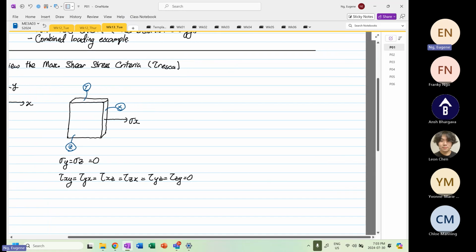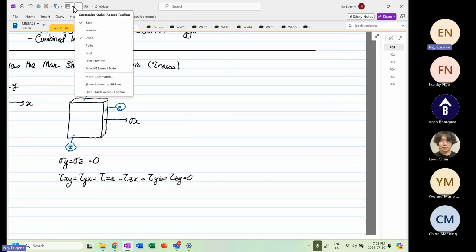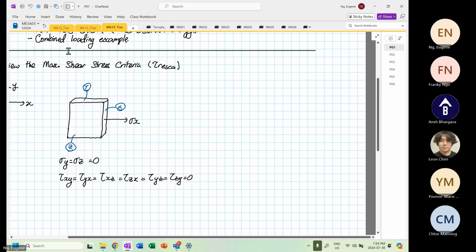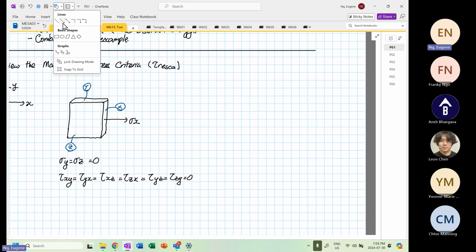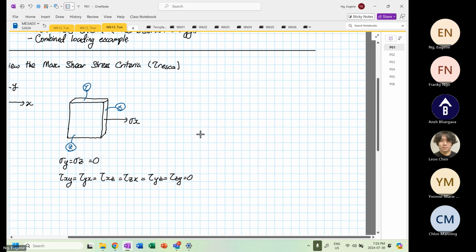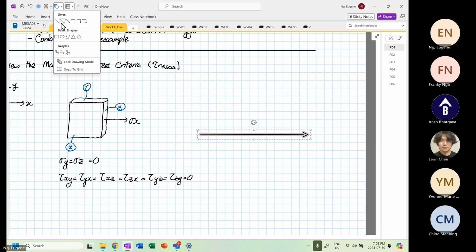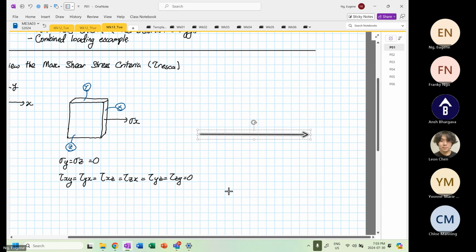And then when this is the case, when we were to sketch out a 3D Mohr's circle, right? So we know that this is our normal stress, shearing stress, element rotate clockwise, element rotate clockwise.